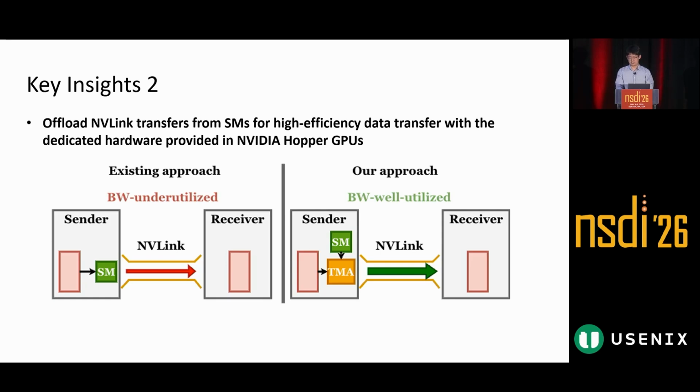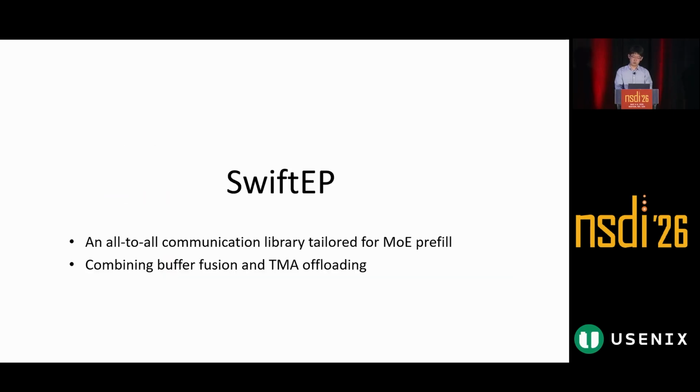Hopper provides TMA, which is much better suited for asynchronous data movement than software-managed forwarding based on load and store operations. Putting this all together, the paper proposes SwiftEP. SwiftEP combines buffer fusion with TMA offloading. Our goal is not just a faster kernel, but a communication design that fits real model serving stacks.